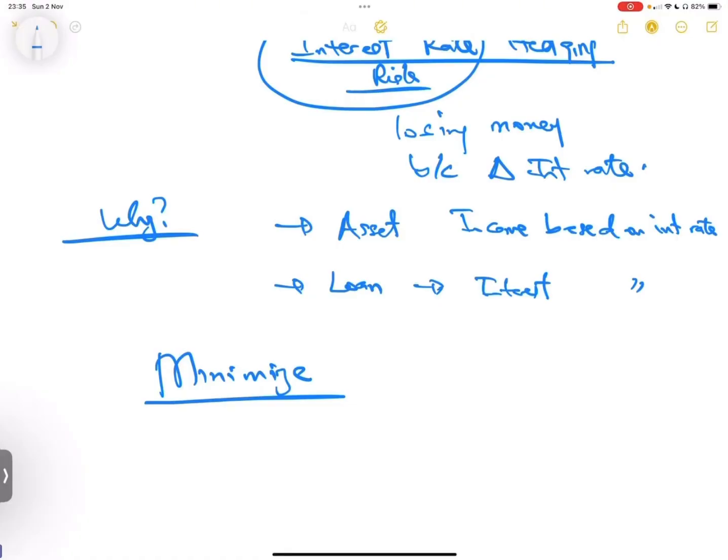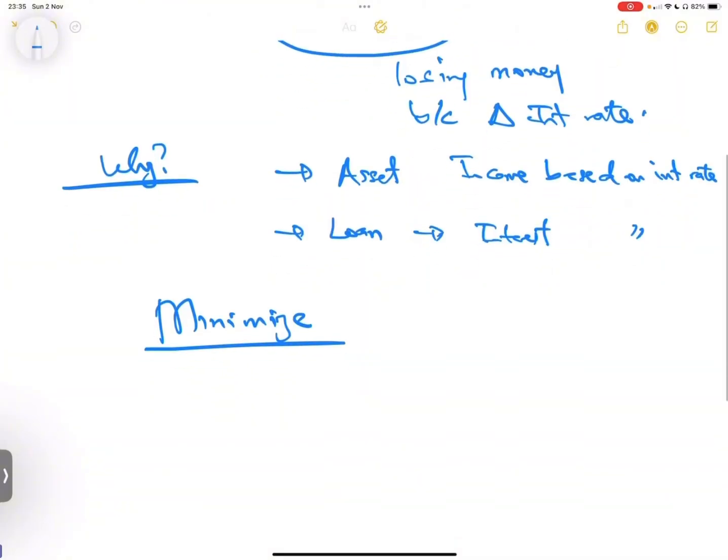Because, like I always tell you, hedging is not an opportunity for you to make profit. Hedging is not an opportunity for you to make money. Hedging is just a strategy to minimize your loss. And listen carefully, it is minimizing your loss. It doesn't mean that you can eliminate your loss.